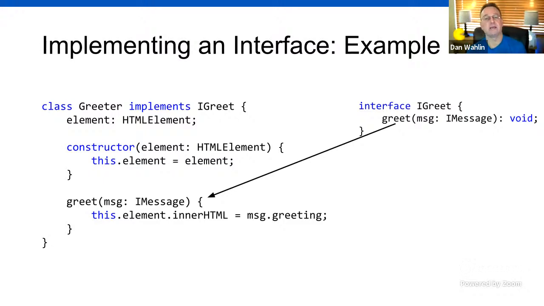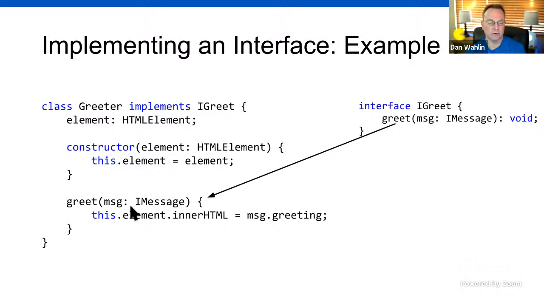If you're using Angular, then you're using classes. So it really depends. But implements is a TypeScript keyword. If a class implements iGreet, it must satisfy the contract. So because the contract said we had to have a greet function, we have to have a greet function. Notice the signature matches.